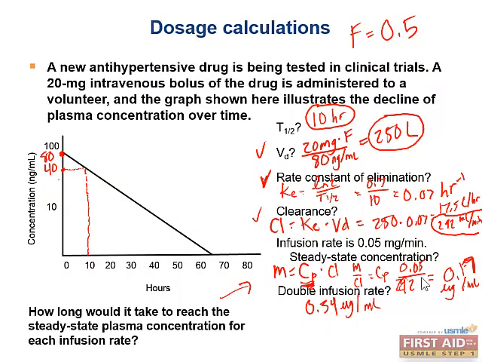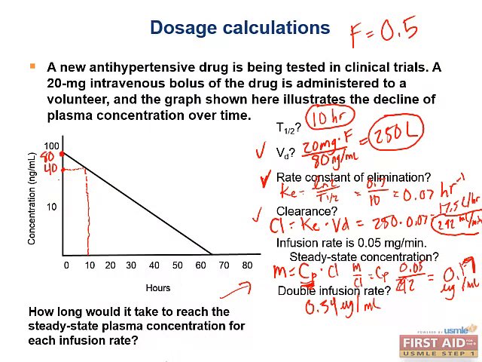Alright. Lastly, how long would it take to reach the steady state plasma concentration for each of these two infusion rates, the 0.05 and then if we doubled that? Before we start writing out equations and making calculations, let's take a step back and think about what this question is asking. Both infusion rates are constant, even though one is twice as fast as the other.